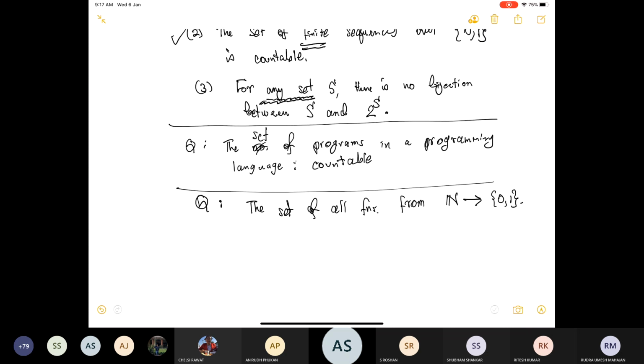And of course, that is uncountable. So the set of all such functions is uncountable. On the other hand, the number of programs is countable.